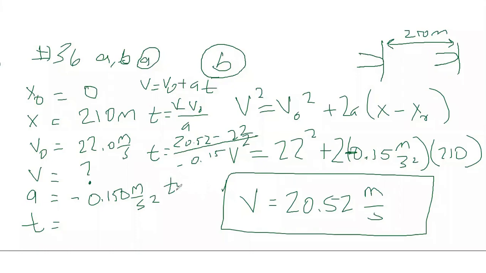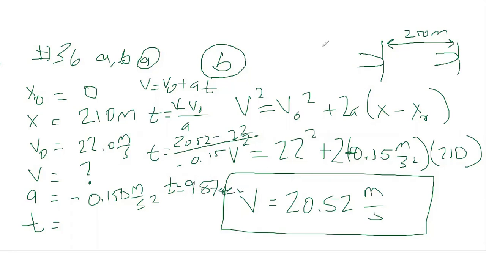So our time is negative 9.87 meters. Oh, sorry, negative 9.87 seconds.